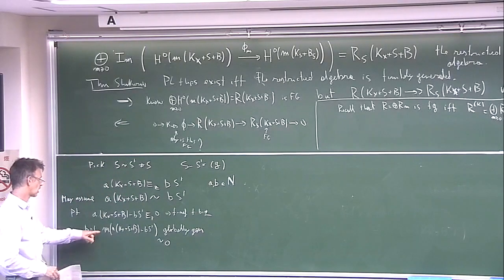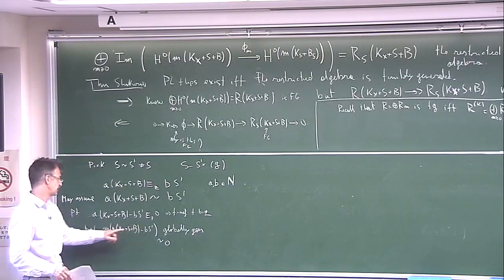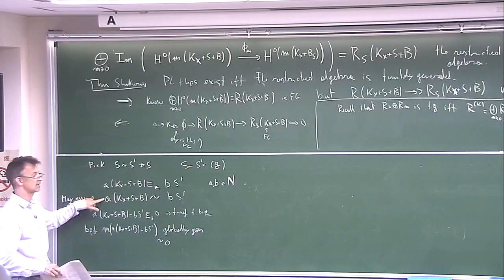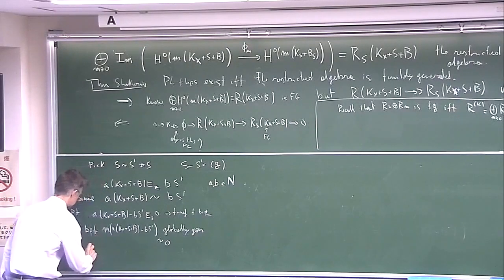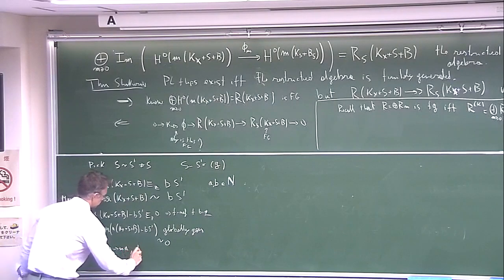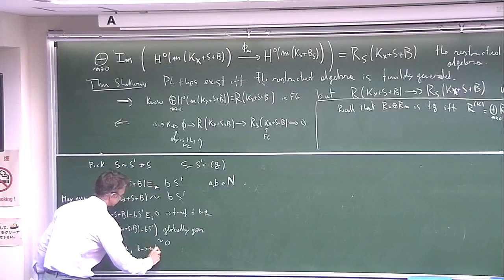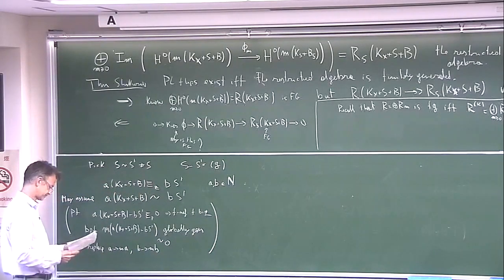Okay, so now I replace A by mA and B by mB, and I get honest linear equivalence between these two guys. Okay? Replace A with mA, B with mB.